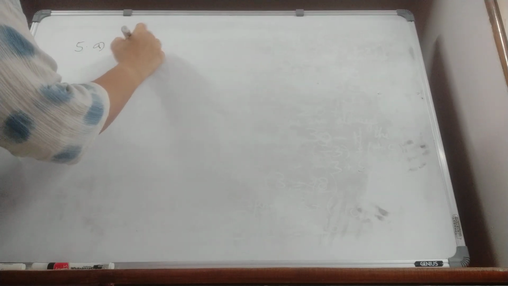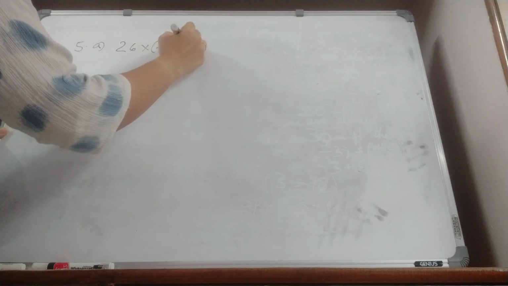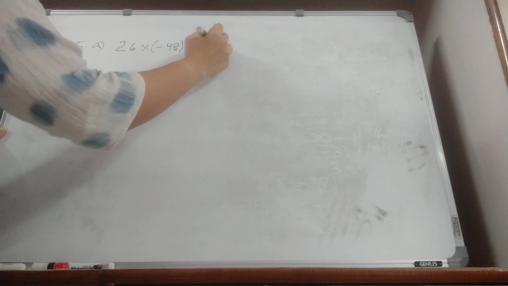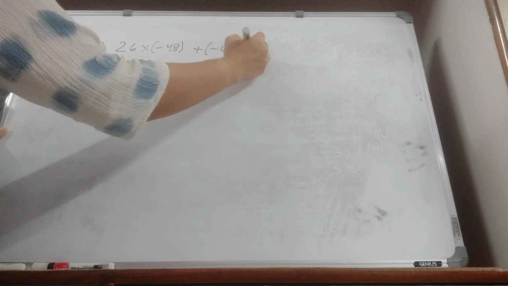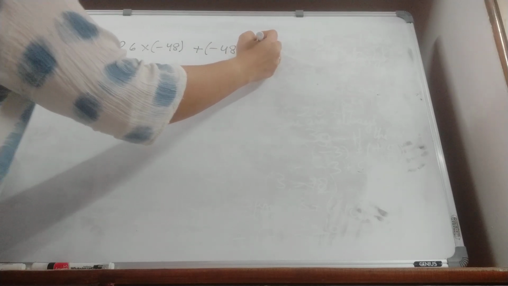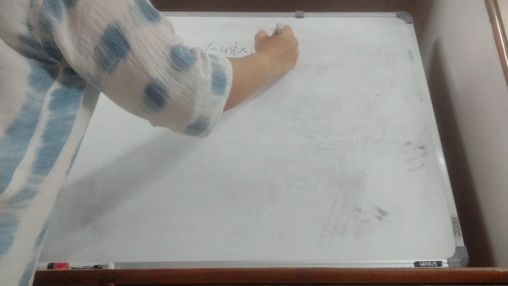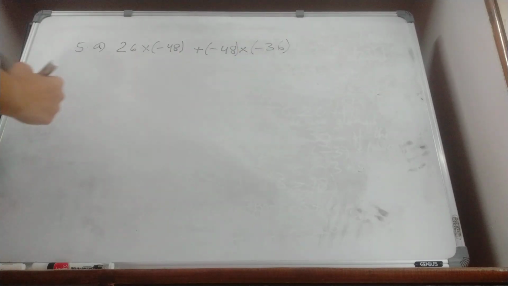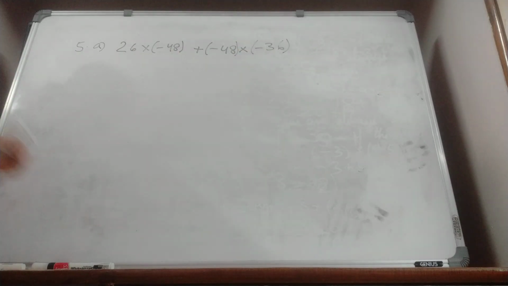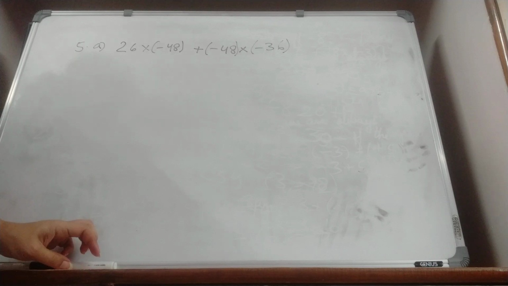Okay, the A part is 26 into minus 48 plus minus 48 into minus 36. Okay, now again, first step is to see how many terms are there.